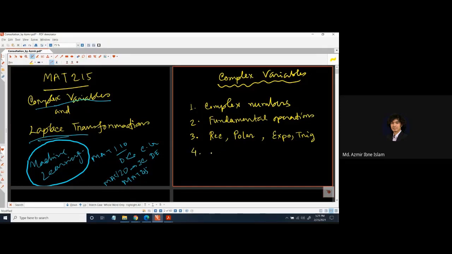We'll try to find roots of any equation where complex number is involved. We'll try to learn how to find powers of a complex number.